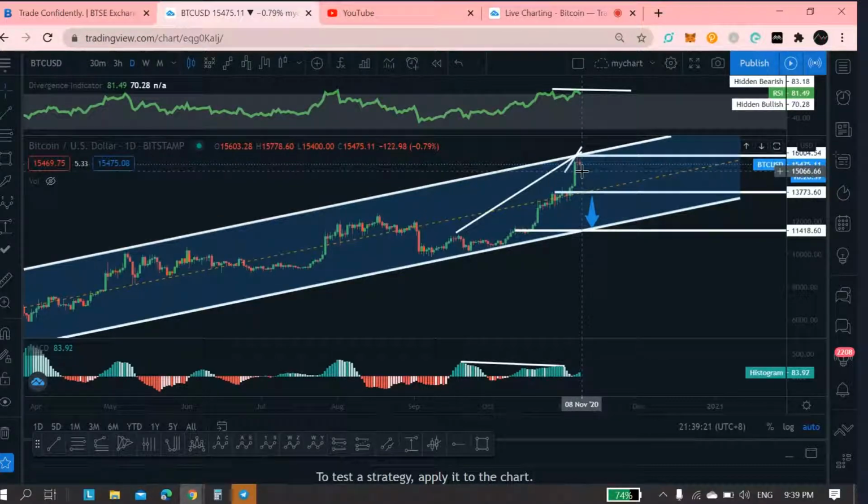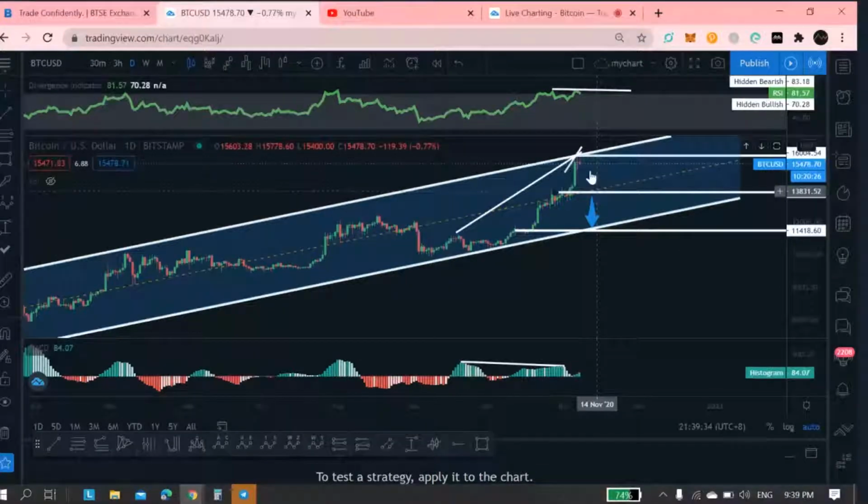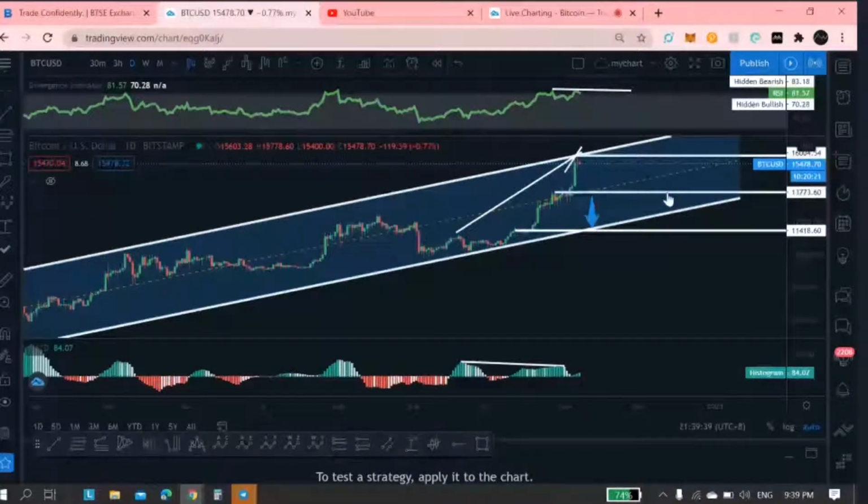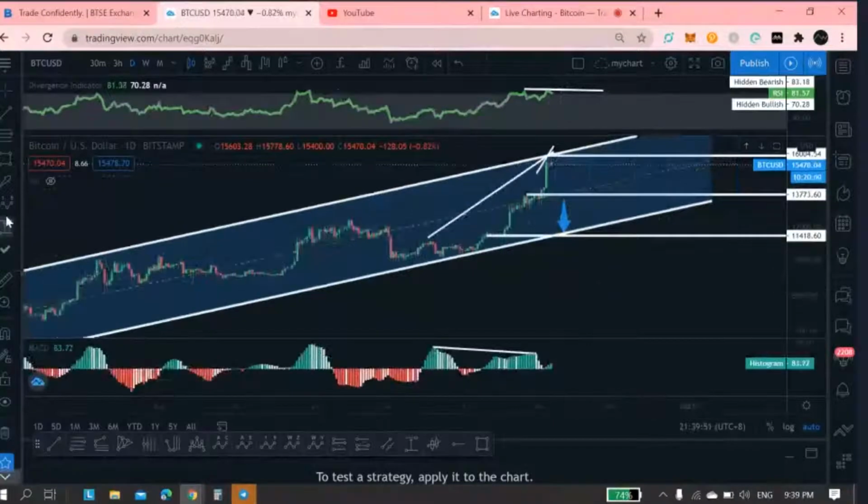Today's daily candle: if it closes at this area as a red candlestick, I might possibly go short tomorrow after it closes, with a possible stop loss at the high of around 15,968, or close to 16,000, and a possible TP of 13,800.